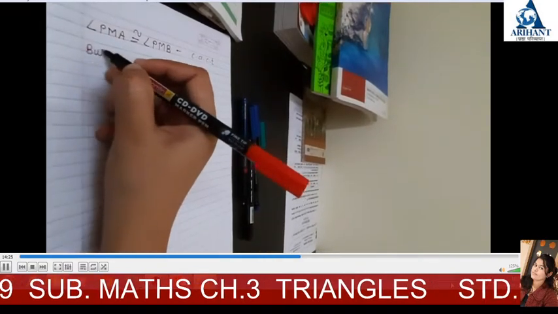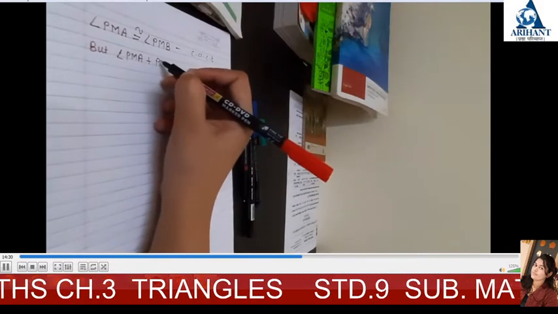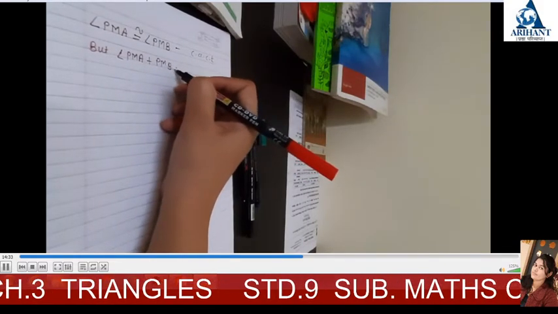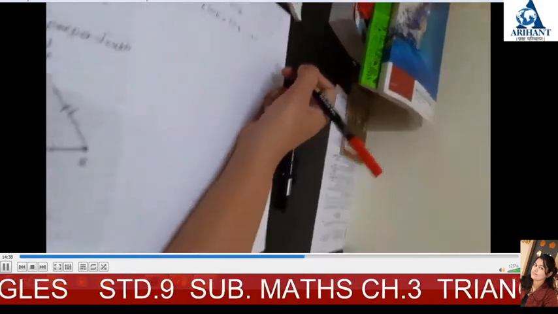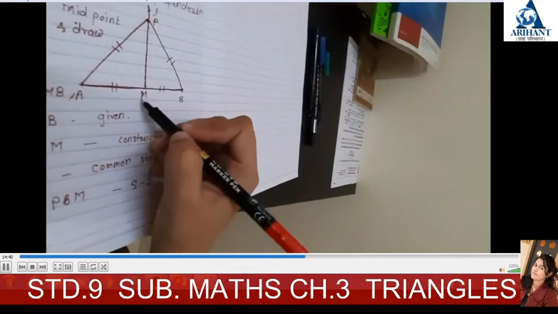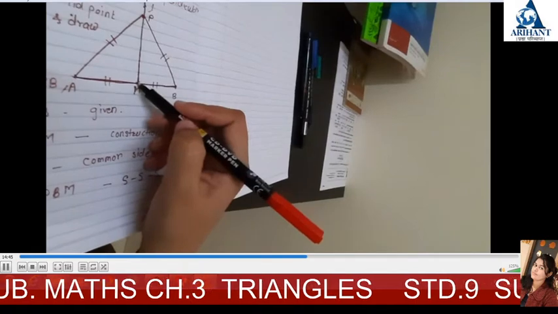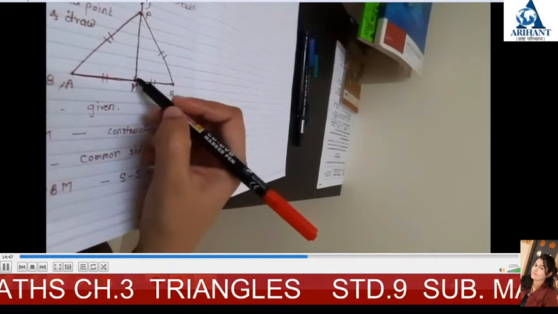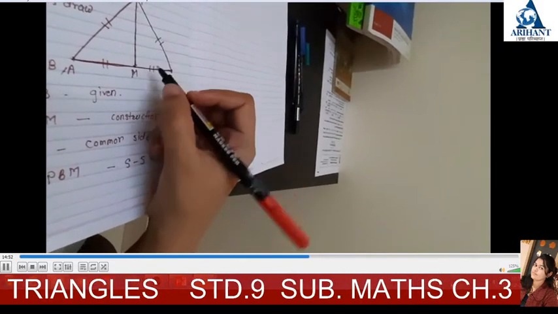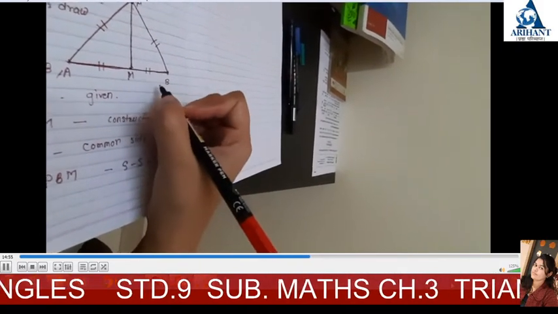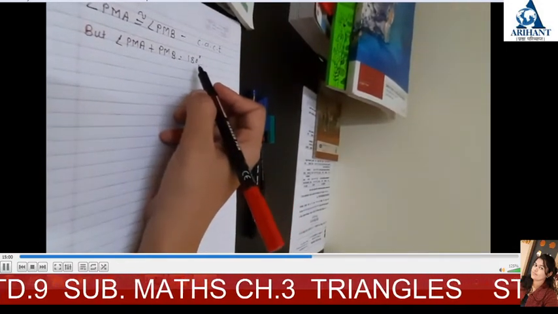But as we know, angle PMA plus angle PMB is equal to 180 degrees, because we take M as the midpoint of segment AB, and if we draw the line from M, it automatically forms the 90 degree angle on the segment. That's why PMA and PMB add up to 180 degrees.